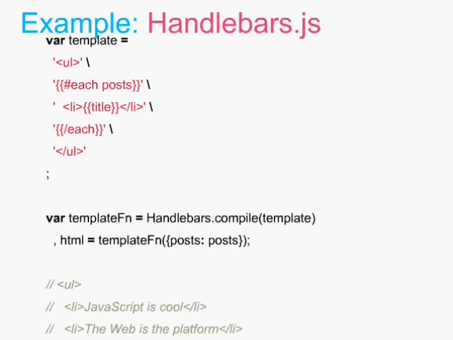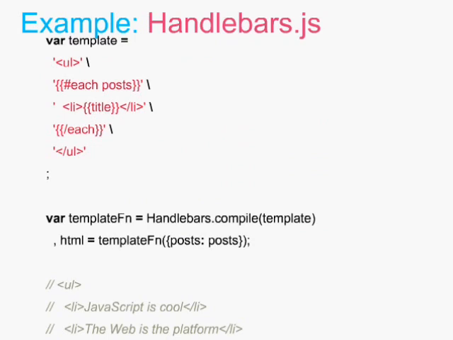Here we're setting up a template, a little string that represents a template, and it's a little cut off here, but you can see we're calling Handlebars.compile, passing in a string, and that returns a function. That function is a compiled template. Then we can execute that function, pass in an object, and we'll get some HTML back. So there's nothing specific to the browser or the server. Handlebars is a piece of code that runs well on the client and on the server. And I'll show you an example later where we actually use it.